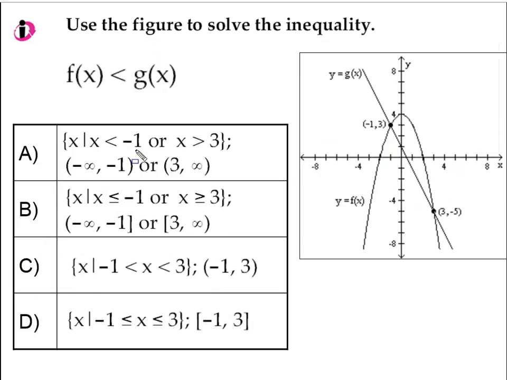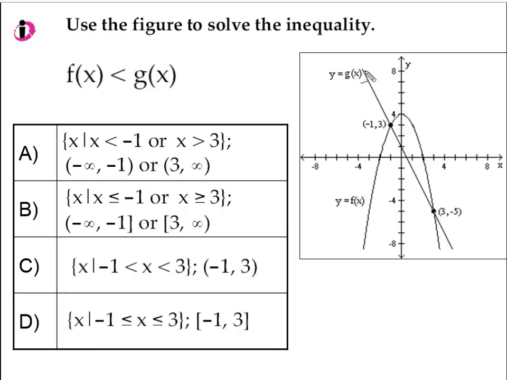All right, so in this example, this is basically what the book calls method 2, where we're going to look at points of intersection and compare the two graphs to each other. So for this example, we want f of x to be less than g of x. Here's g of x.